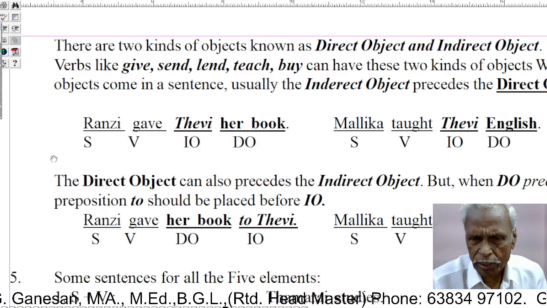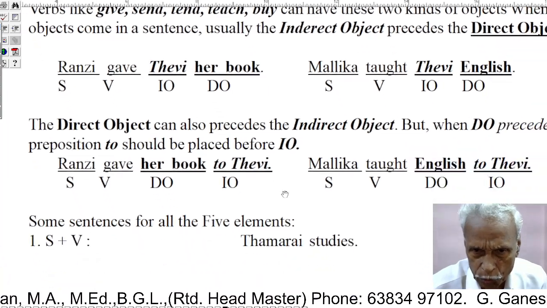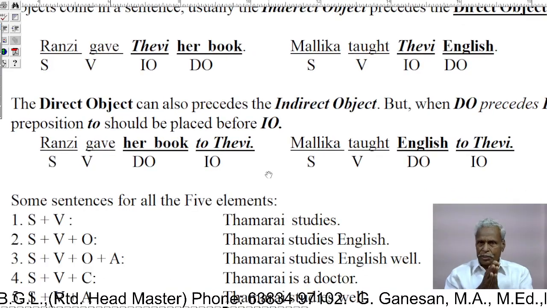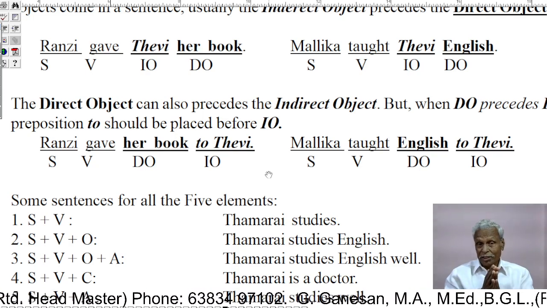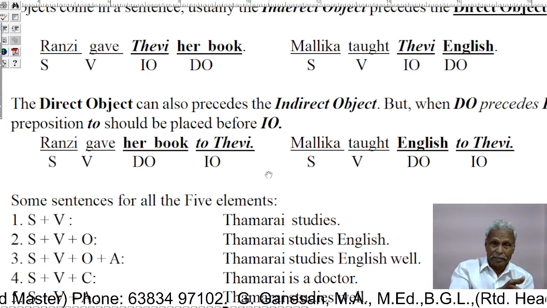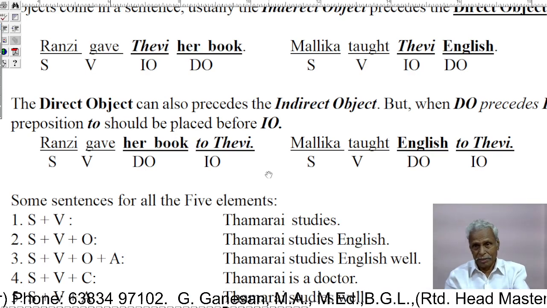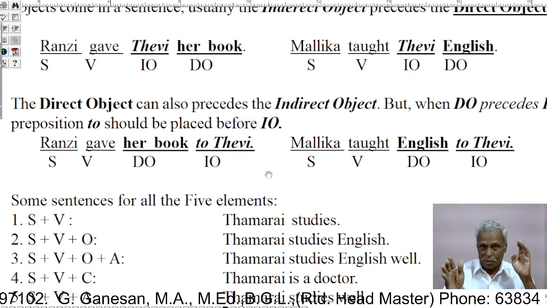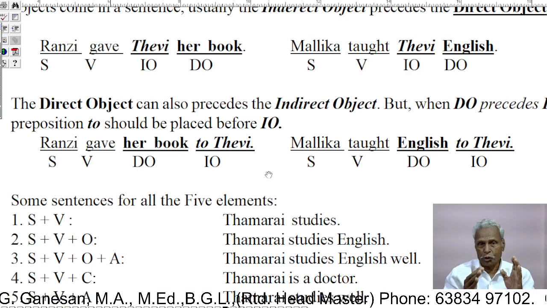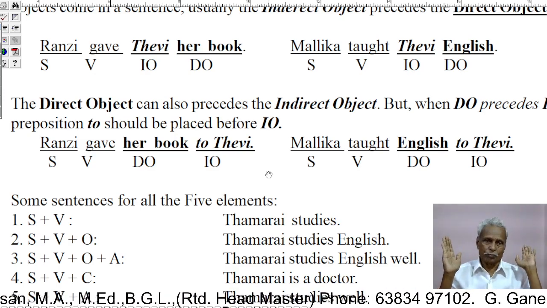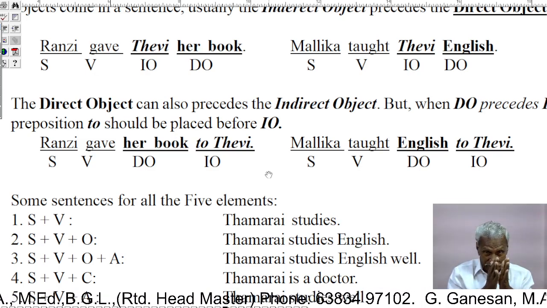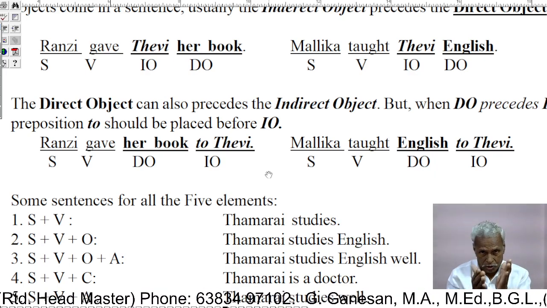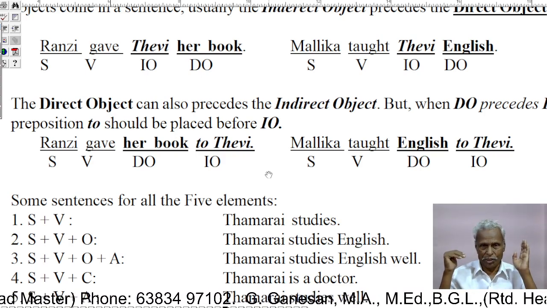But here I have to tell you one more thing. The direct object can also precede the indirect object. That is, the direct object can be placed first and the indirect object next. But when the direct object precedes the indirect object, the preposition to should be placed before the indirect object.